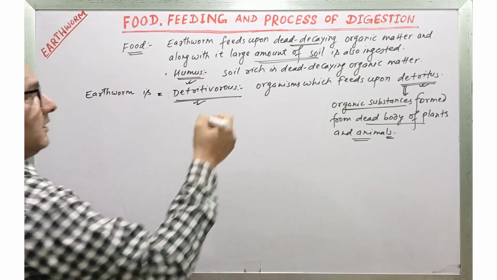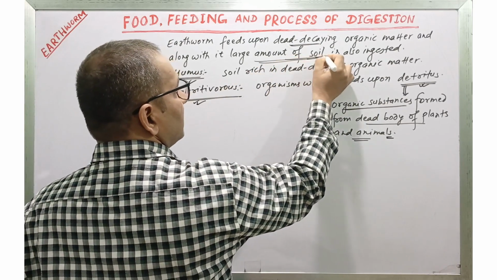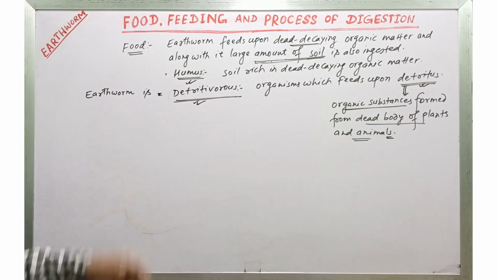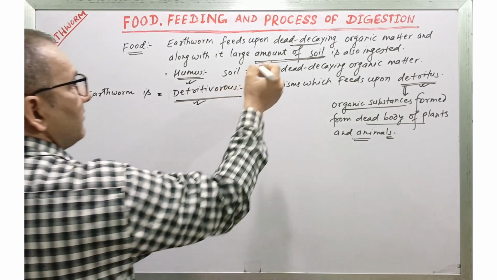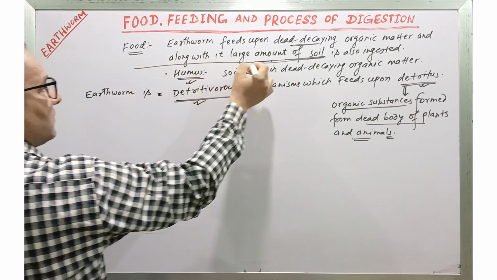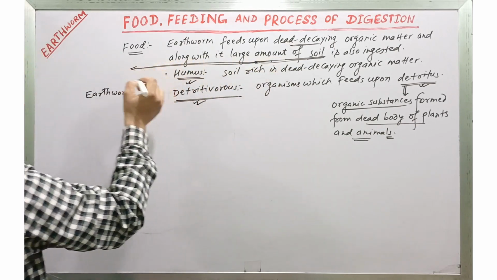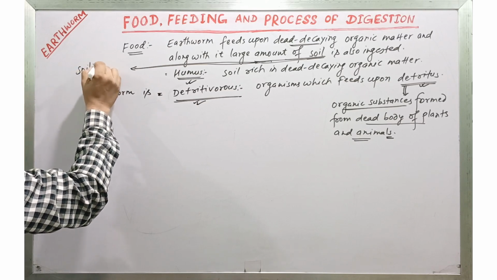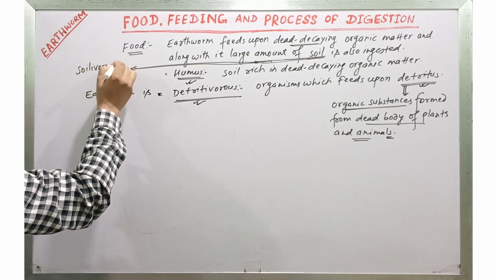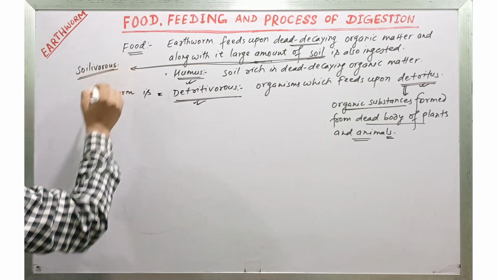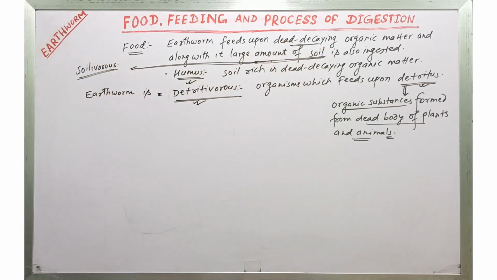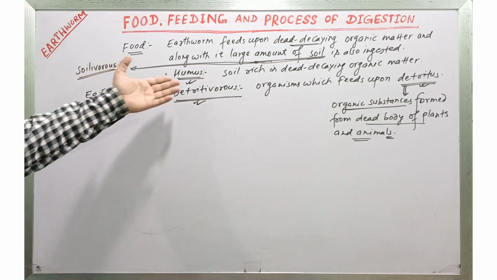And here, a large amount of soil is also ingested by earthworm, or earthworm also feeds upon soil. So from this point we also say that earthworm is soilivorous. Earthworm is soilivorous, means that it also feeds upon soil which is rich in humus.